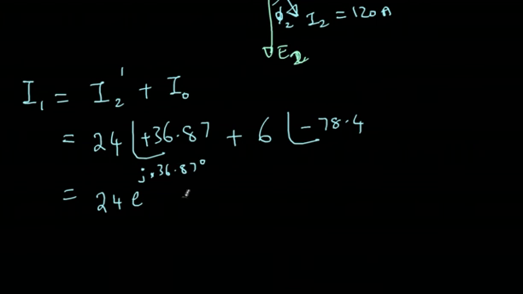So this is the mathematical notation of this polar number: 24 multiplied by e to the power of j. And similarly 6 multiplied by exponent of j, this is minus of course, minus 78.4. If you have a calculator, you can type this exponent to the power of j, where j is the square root of minus 1, and then 36.87, and if you do this, you will get the solution.